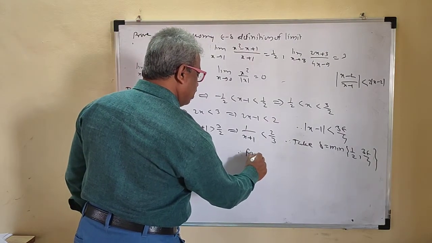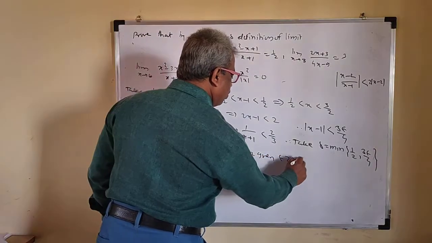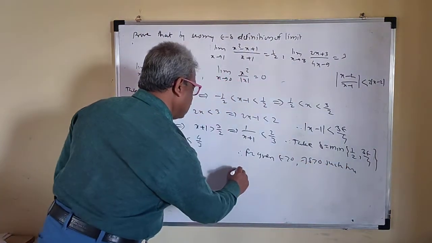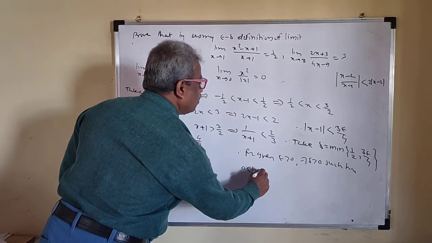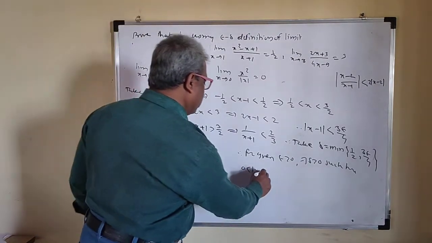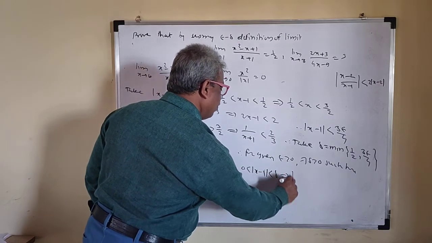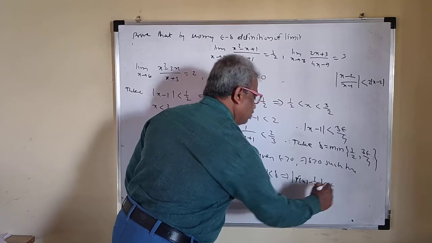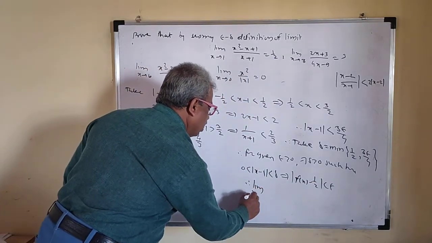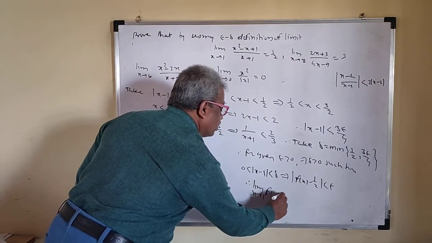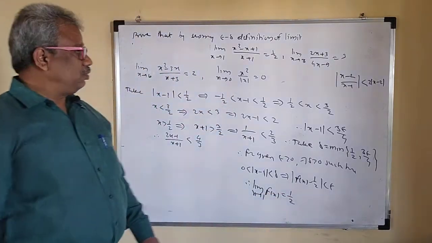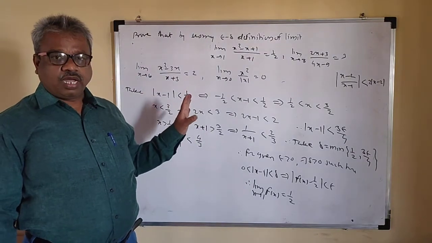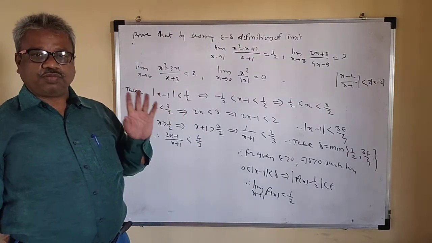Therefore for given ε greater than 0, there exists δ greater than 0 such that 0 < |x − 1| < δ implies that |f(x) − 1/2| < ε. So therefore the limit as x tends to 1 of f(x) is equal to 1/2. So I proved this. I hope that you can solve the rest of the problem.